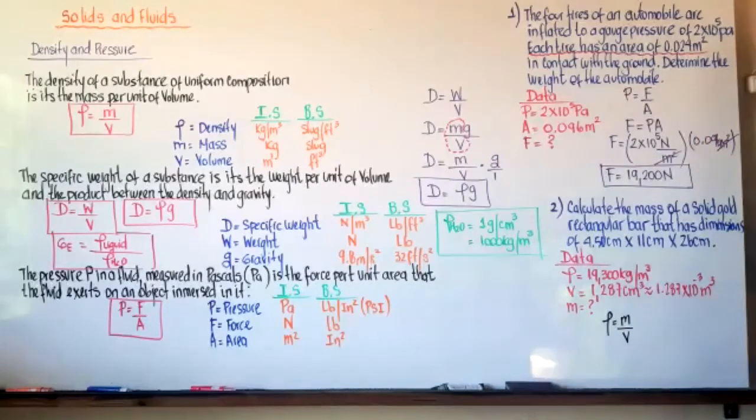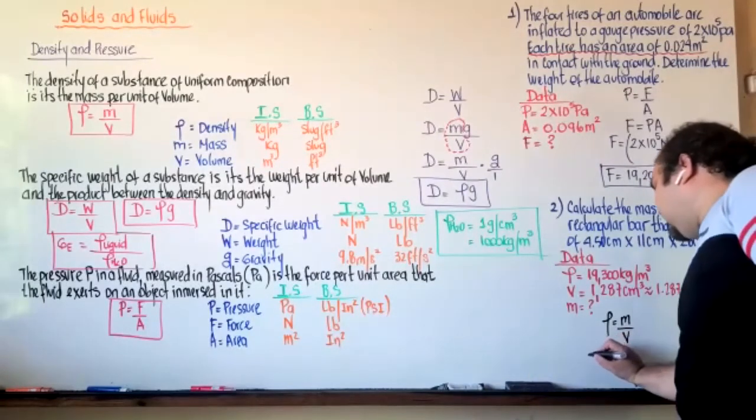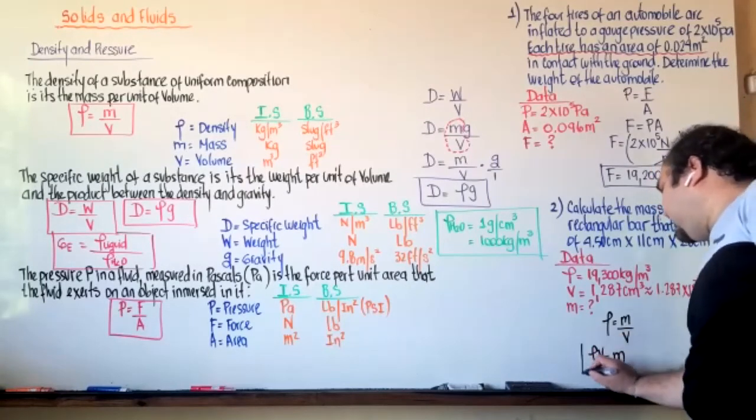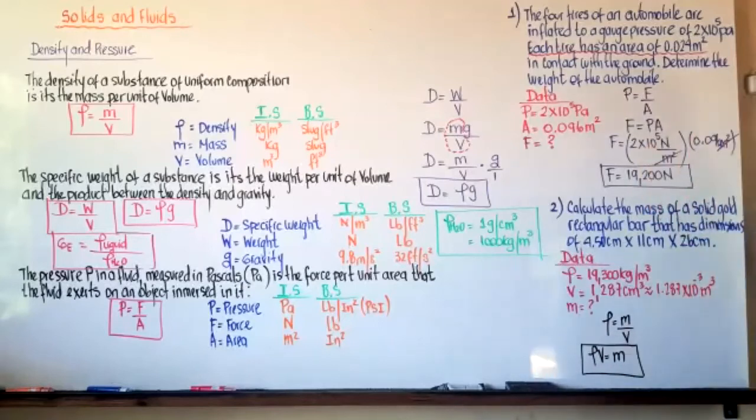And because we're looking for the mass, density times volume will be equal to the mass, right? Because the volume is divided, to cancel it we multiply. So mass will be equal to density, 19,300 kilograms per cubic meter, multiplied by 1.287 times 10 to the negative third power cubic meter.